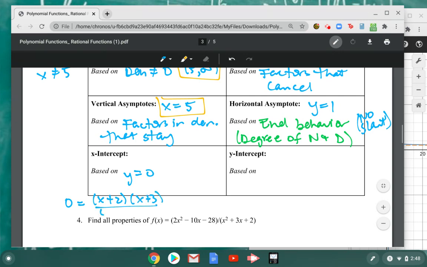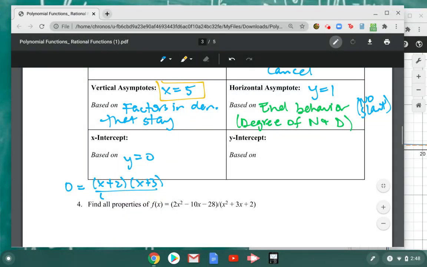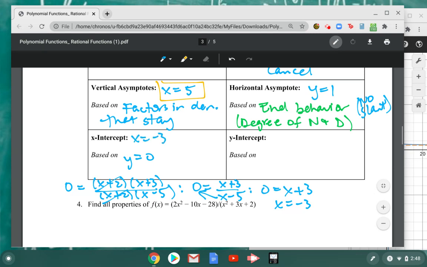And then in our denominator, I'm going to write it all out, x plus 2, x minus 5. These cancel, and that's important. So we get 0 equals x plus 3 over x minus 5. I'm going to cross multiply. 0 times x minus 5 is 0. So 0 equals x plus 3. So our x-intercept is at x equals -3. As a point, I put these together: (-3, 0).